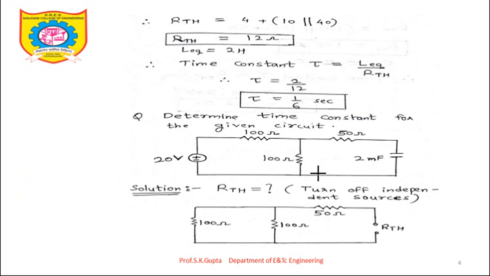Okay, so for this numerical, one independent source is also present. So turn off that independent source. If it is a voltage source, turning off the voltage source means we will make it short circuit. After that this 100 ohm and 100 ohm will come in parallel. So 100 parallel 100 is 50 ohm.